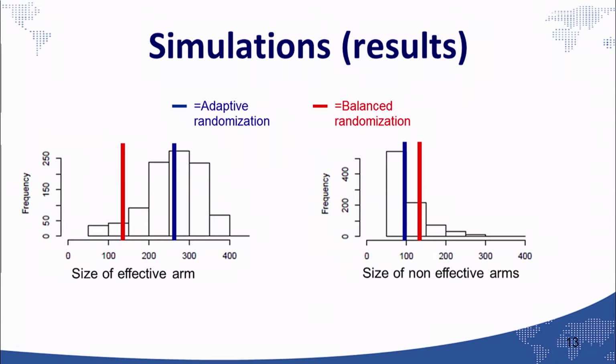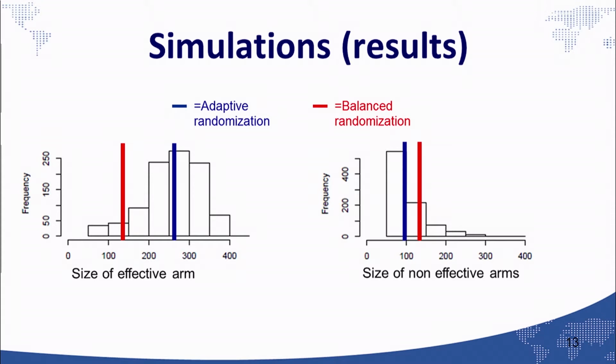Here are the results for 1,000 simulations performed on the experimental regimen, with either a non-effective arm or an effective arm. So it is in the hypothesis of having one superior arm.